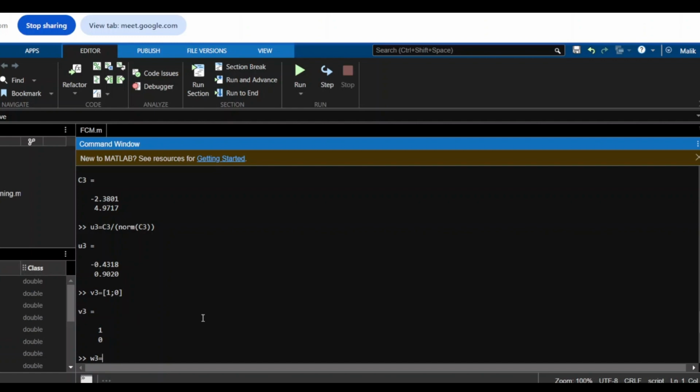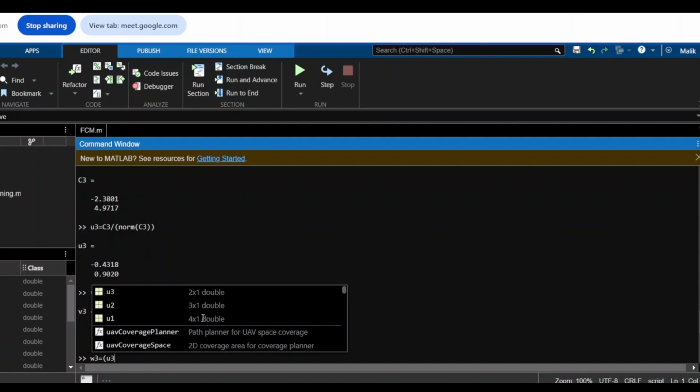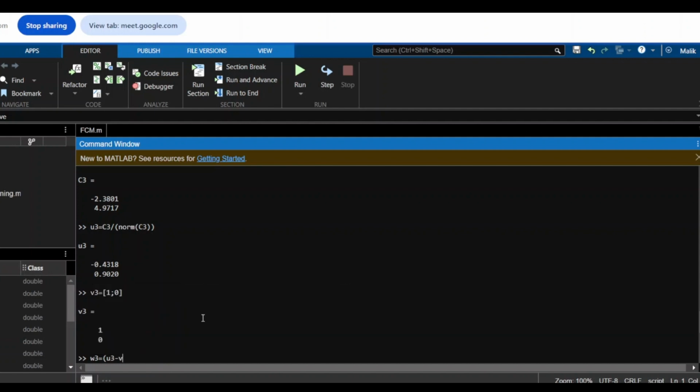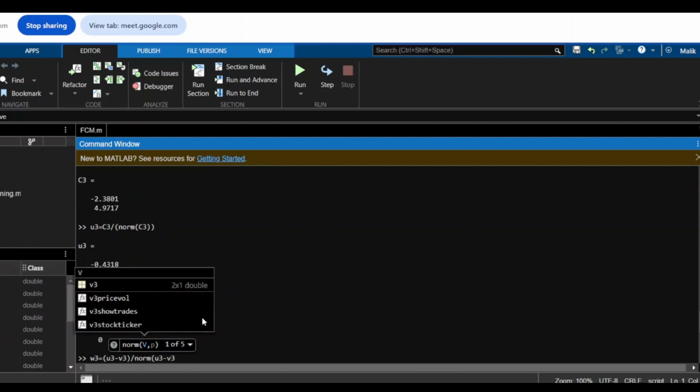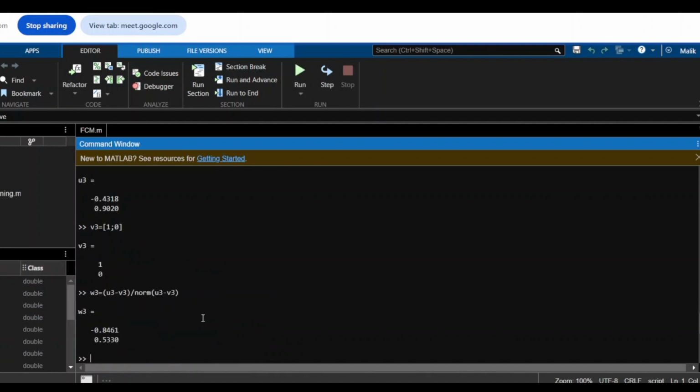U3 minus V3 divided by norm of U3 minus V3. Okay, so this is my W3.